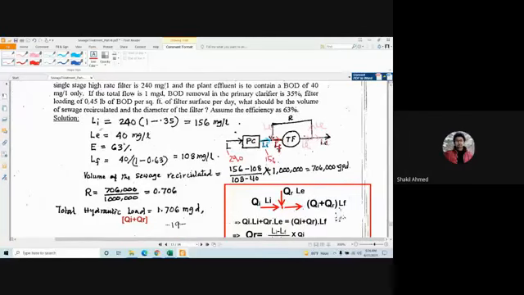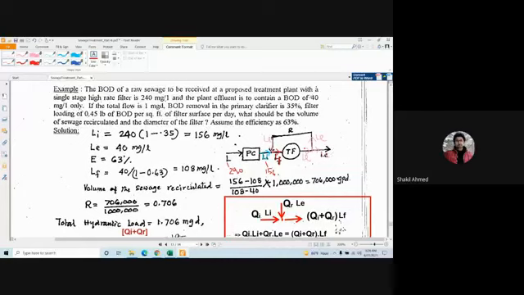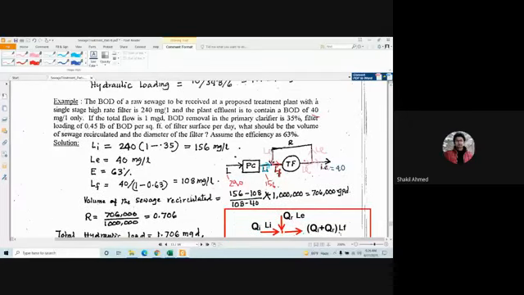Now here Le is given, which is 40 milligram per liter. Then what else is given? Let's see. If the flow is 1 million gallon per day, so Q is given. BOD removal in the primary clarifier is 35%.